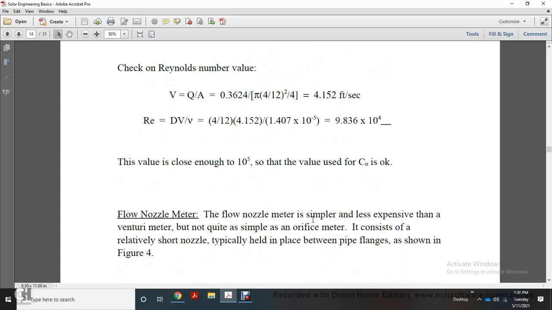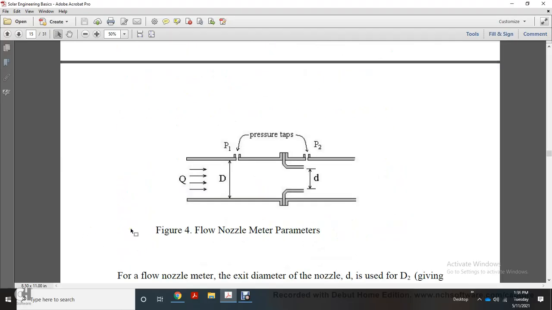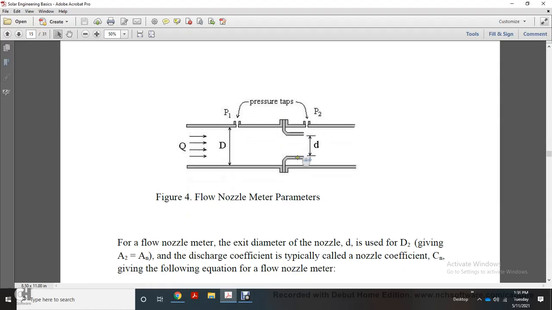Flow nozzle meter. The flow nozzle meter is simpler and less expensive than a venturi meter, but not quite as simple as the orifice meter. It consists of a relatively short nozzle, typically held in place between the pipe flanges, shown in Figure 4. Figure 4 shows the flow meter parameters: quantity, diameter 1, diameter 2, pressure 1, and pressure 2.